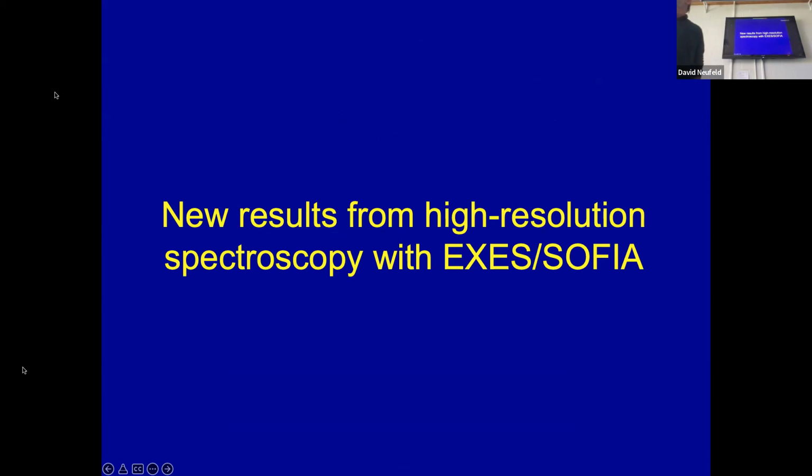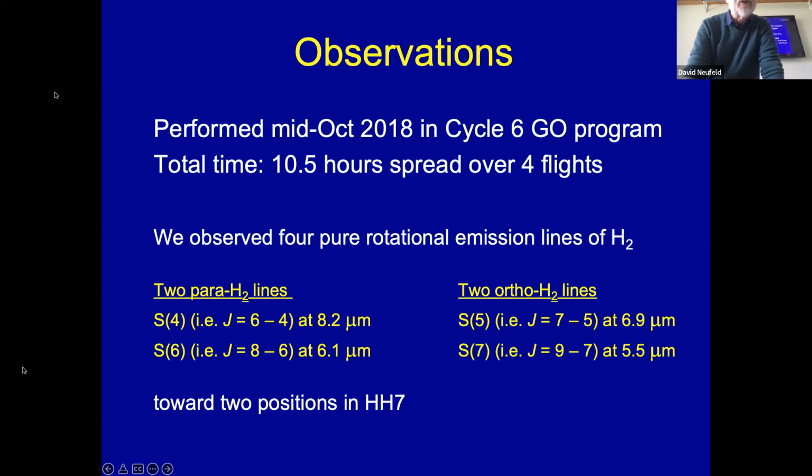It's not the one that I used for the helium hydride or for the molecular ions I talked about on Tuesday. This one is called EXES. This is at mid-infrared wavelengths, and it's the one that can see these H2 pure rotational lines.